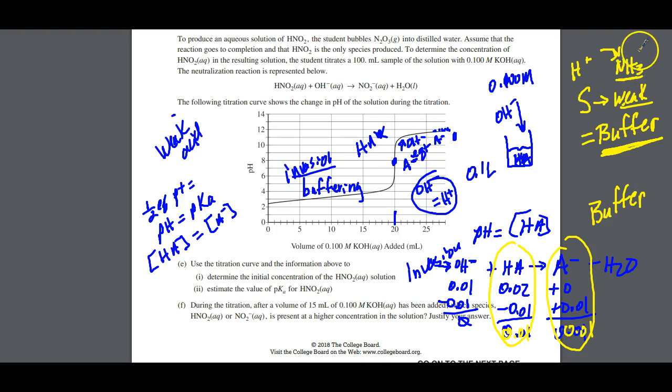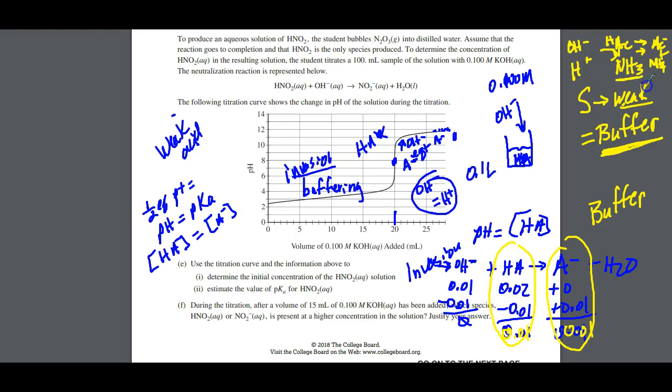You've got your weak, but all of a sudden you're creating the counterpart for the buffer, a weak base and its conjugate acid. Or if you had OH minus and you're adding it to HAc, acetic acid, as soon as you do that, you're creating that Ac minus, the acetate ion.